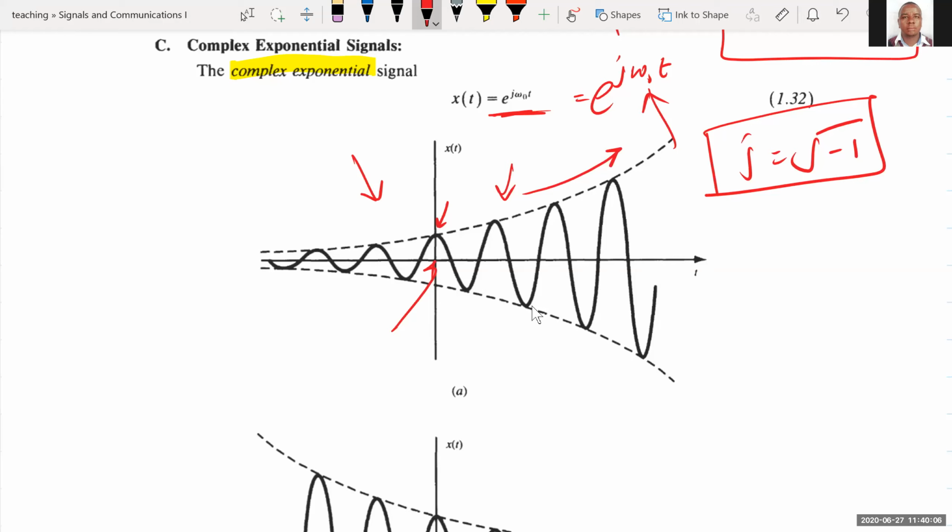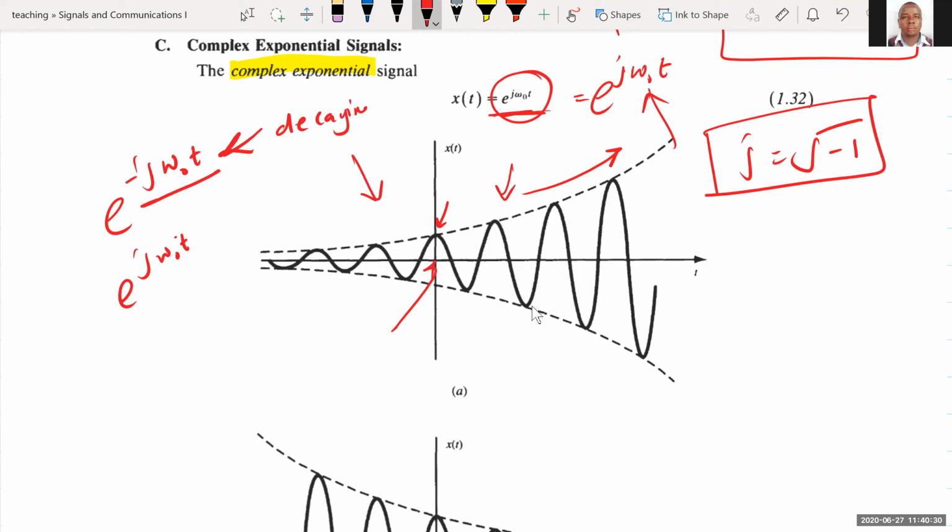Anyway, when you are dealing with an exponent, normally it is either e^(j omega naught t) or e^(minus j omega naught t). If it has a negative, this is a decaying function. And if it does not have a negative at the exponent, then this is an exponential increase.